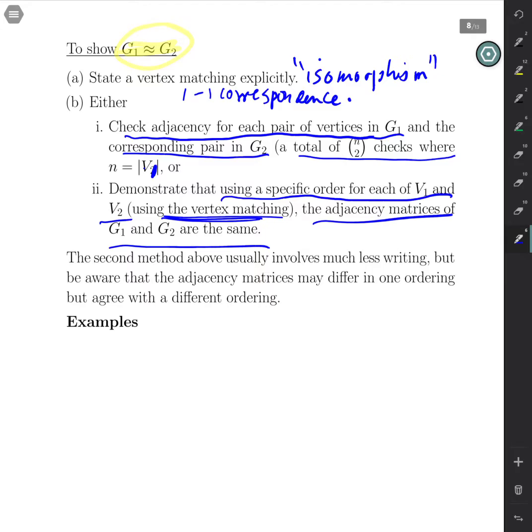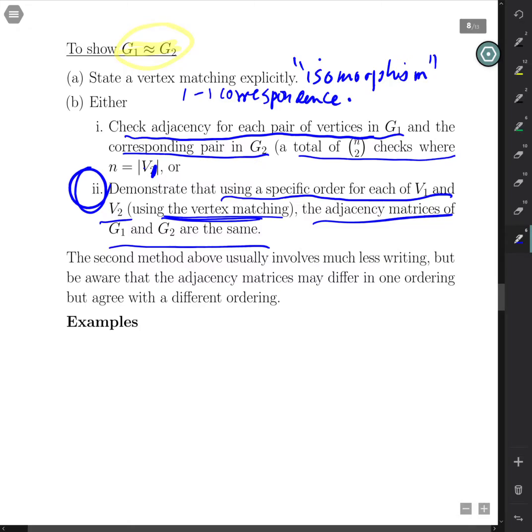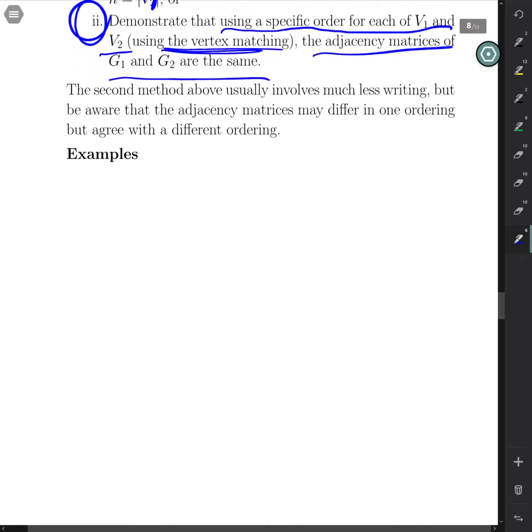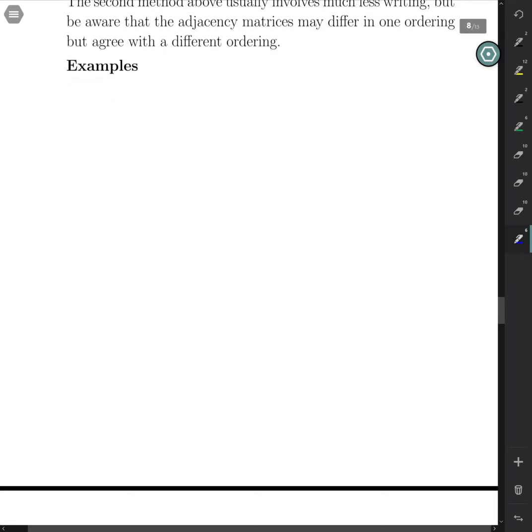Now you have to use an ordering that works, that corresponds to an isomorphism, because it's easy to get isomorphic graphs that have different adjacency matrices if you don't order them in a way that corresponds to the matching that would be an isomorphism. It is the second way that I think is the easiest to write down, because in the first way it's often real easy to leave some things out.